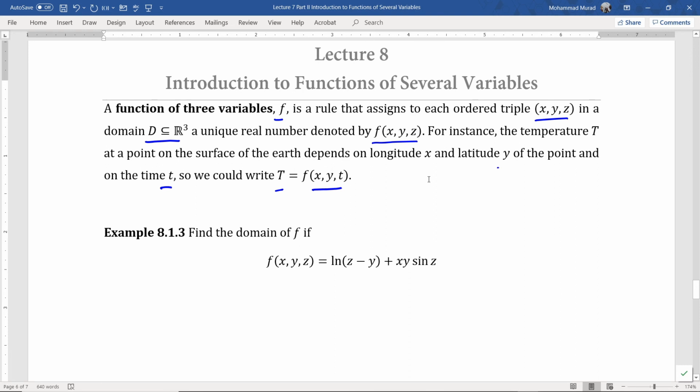Let's have a look at an example. Find the domain of f if f of x, y, z is equal to the natural log of the quantity z minus y, plus x times y times sine of z.